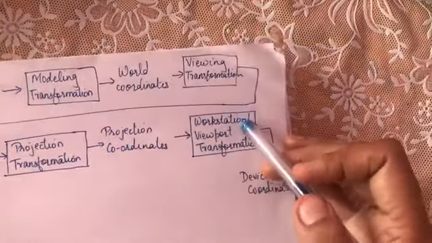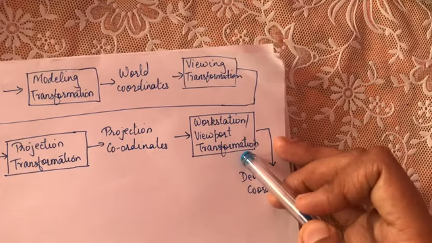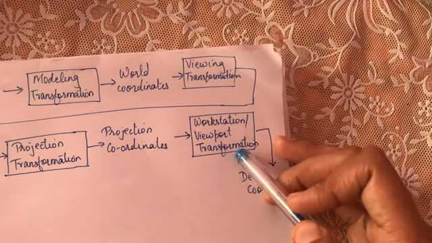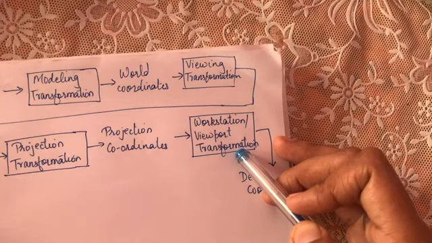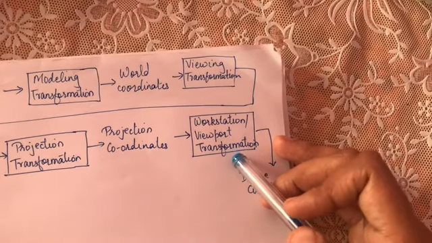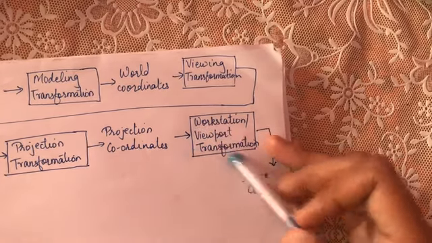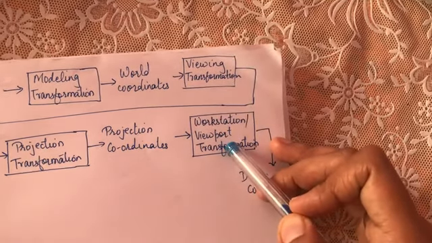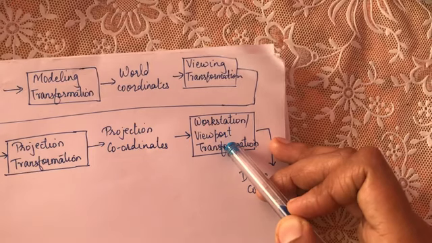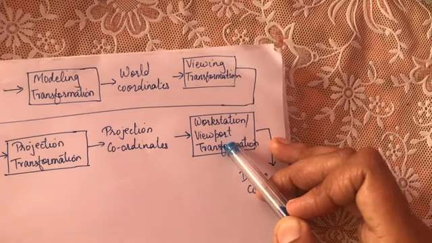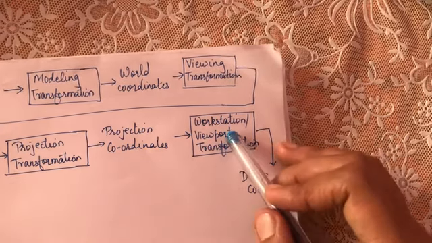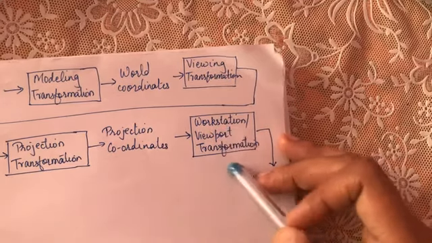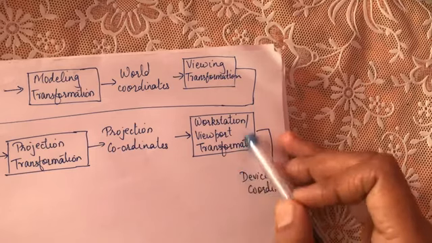Next is your workstation transformation. It is also called the viewport transformation. Now the cameraman has pressed the click button on the camera and the photo has been clicked. Now when the cameraman views the photo on his display screen, or if the photo is taken through a mobile, then the cameraman will view the photo in the photo gallery.